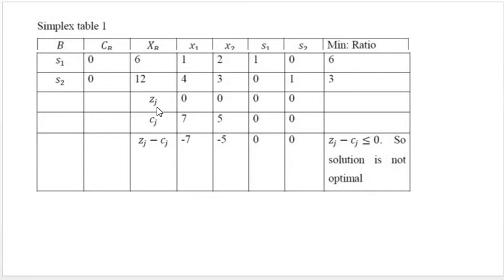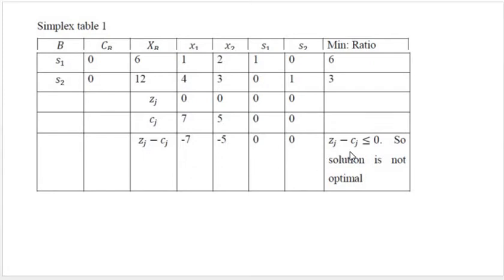Then Zj values are Cb into Xj, like a matrix multiplication, Cb transpose into Xj. So for this particular column, 0 into 1 plus 0 into 4, that is 0. Similarly calculate the other Zj values, and Cj's are given in the objective function. The coefficients of variables in the objective function are denoted as Cj, and then calculate Zj minus Cj: 0 minus 7, 0 minus 5, 0 minus 0, 0 minus 0.